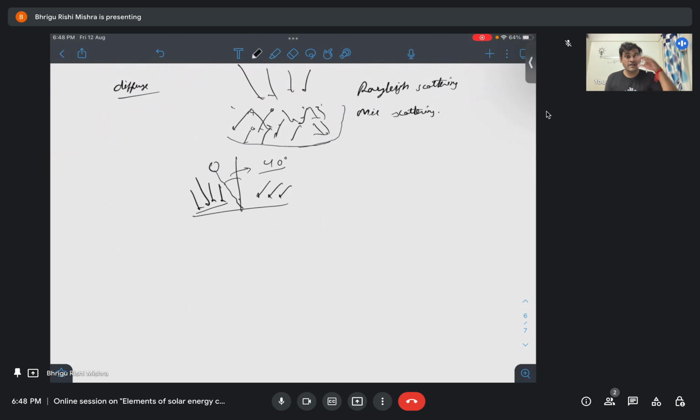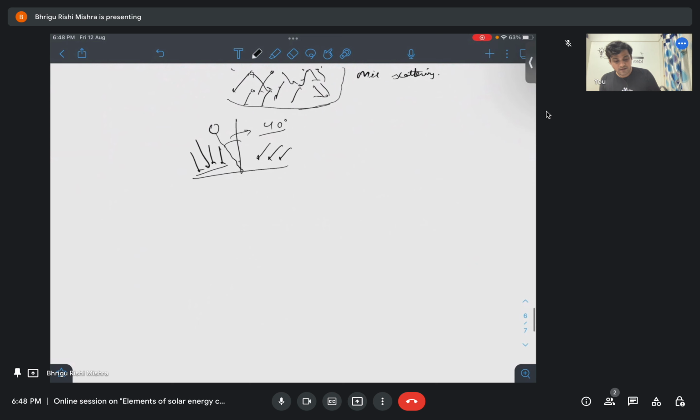So on a very cloudy day, or when there is a lot of dust in the atmosphere, then the diffuse radiation will be much higher. Not much higher, but yes, it will have a greater amount compared to the direct radiation.